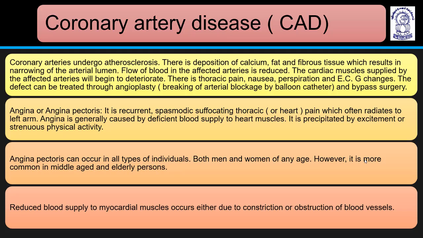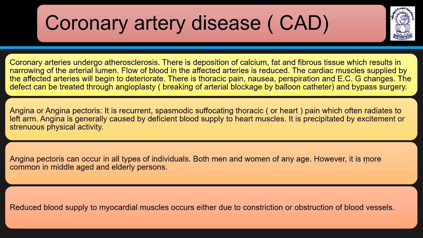So there are two modes of treatment. The intensive treatment includes bypass surgery, which is a major surgery, or angioplasty, which is breaking of the arterial blockage by balloon catheter.